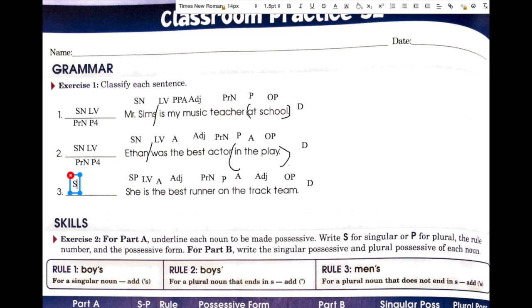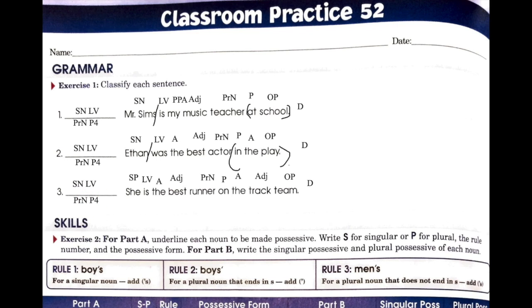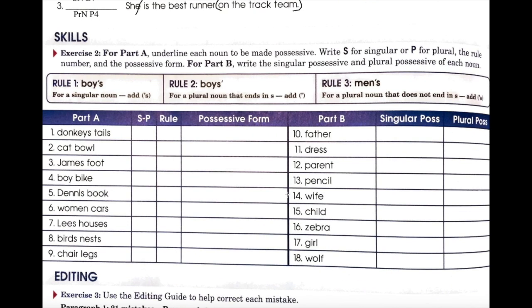This is subject noun, linking verb, PRN, pattern 4. Divide the sentence. Put parentheses around our prepositional phrase. And we're all done.